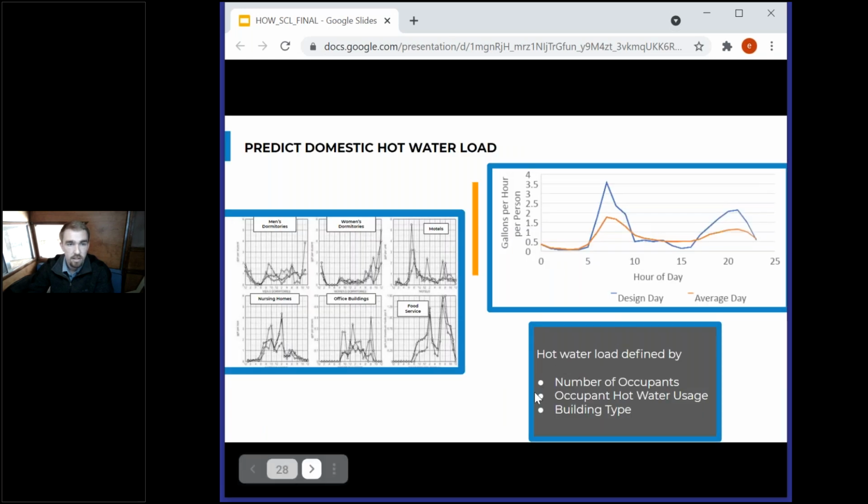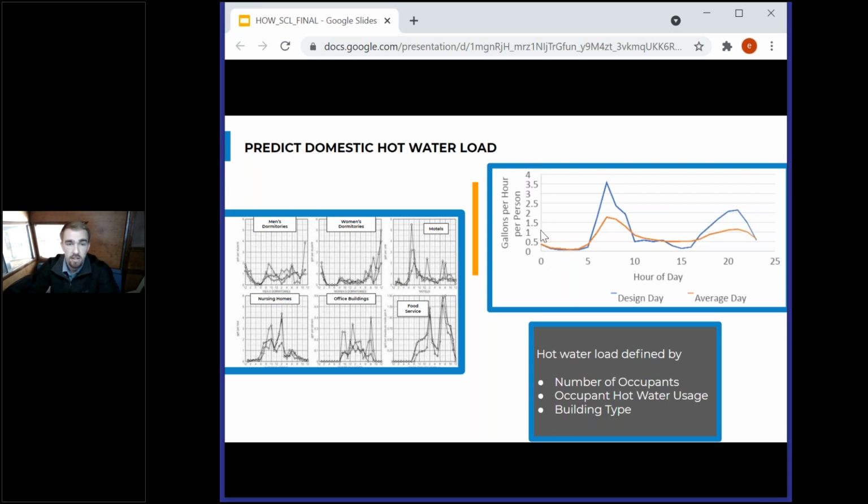Here we can look at the load profiles for different buildings, and this will illustrate why the storage is important versus the heat pump recovery. This chart shows how much hot water specifically an average resident in a multifamily building is using throughout the day.